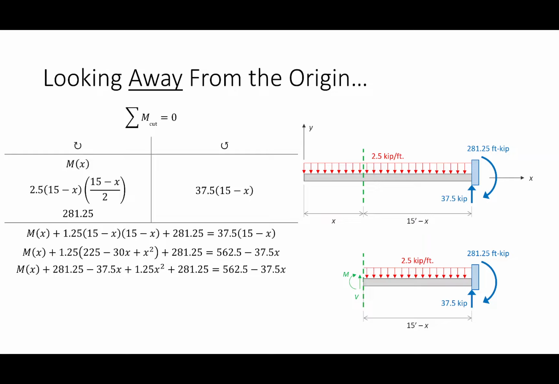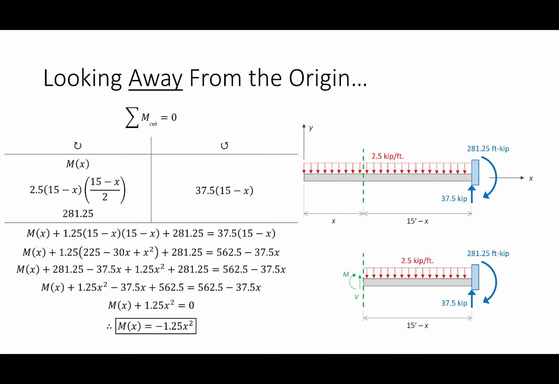So 1.25 times this is that, 1.25 times this is that, 1.25 times this is that. Okay? Let's collect some like terms. So we have M of x. This is the x squared term, the x term, the constant, no x squared term, that's the constant, that times that. What can we do? Well, we can cancel out that, and we get the same answer we did on the last slide.